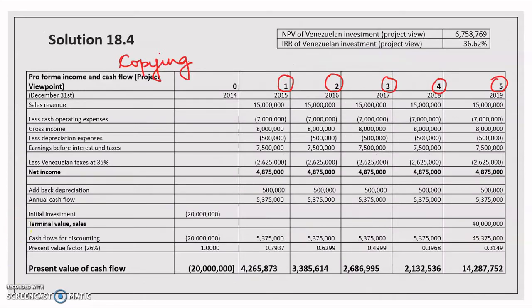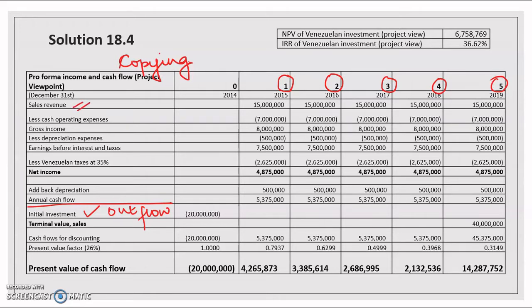After doing that, when you have gotten your cash flows, you must take into account the initial investment because it's an outflow. And the pro forma does not include the initial investment because it's essentially an income statement.